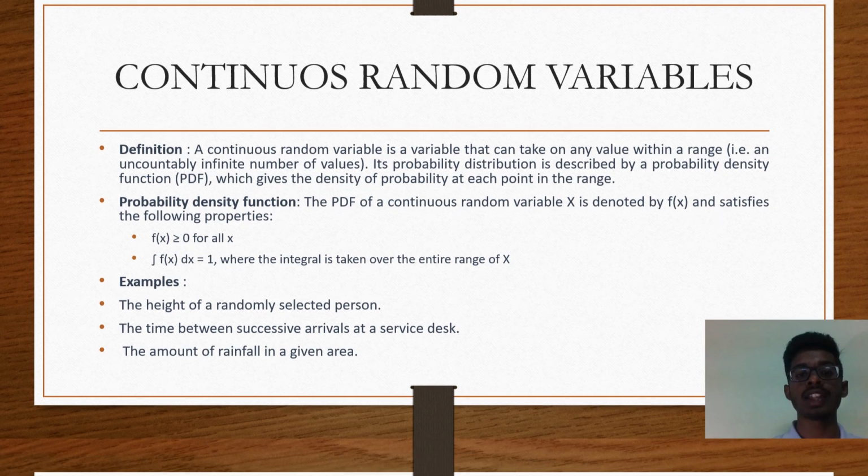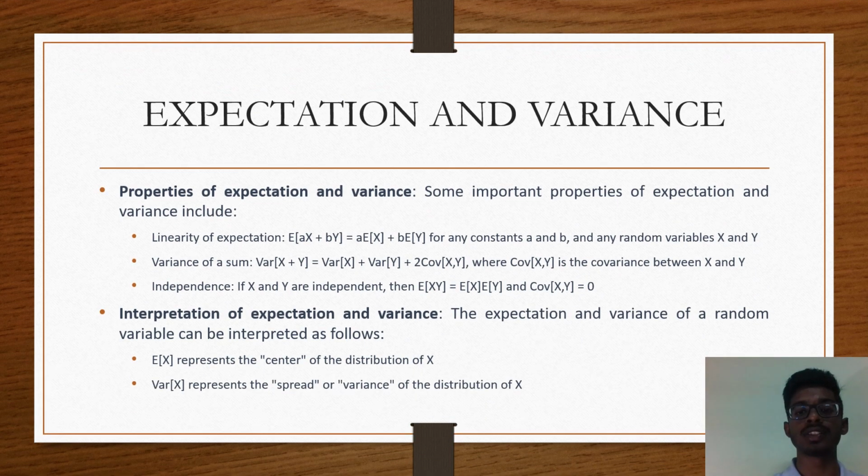Now let us have a look at expectation and variance. Through discrete random variables and continuous random variables, one may calculate the mean and variance of the distribution. The properties of expectation and variance include linearity of expectation, that is, expectation of aX plus bY is a times expectation of X plus b times expectation of Y for any constants a and b, where X and Y are random variables.